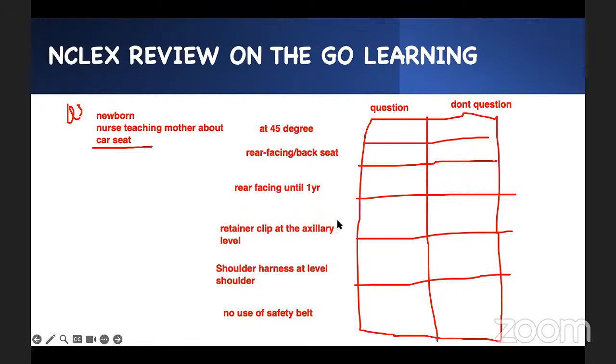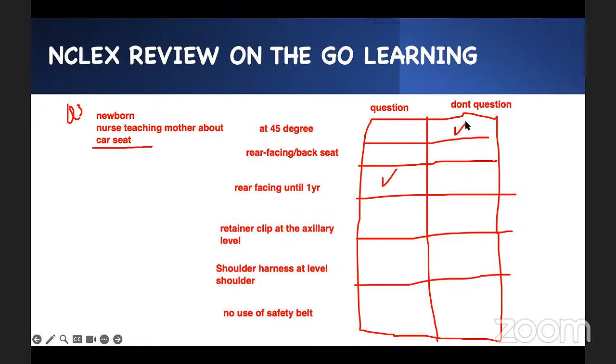Someone said question number 3. So we should question number 3. Which one else do you want to question? Somebody said 45 degrees, no question. So don't question.